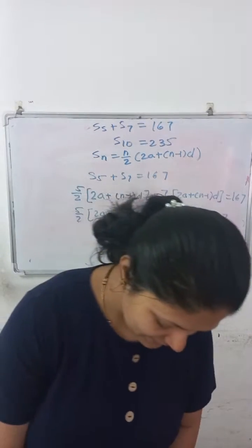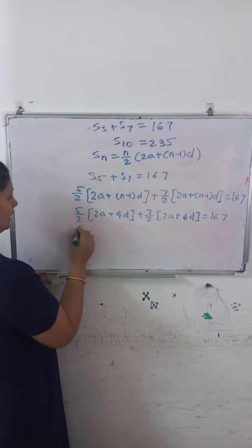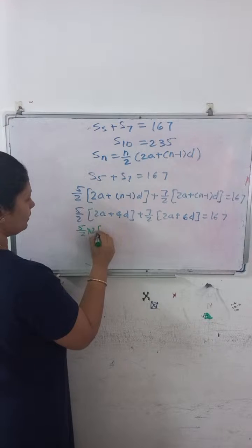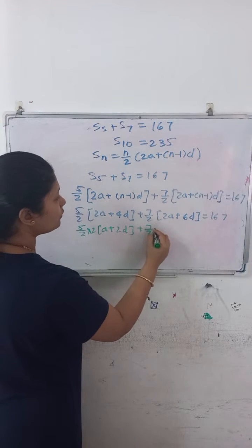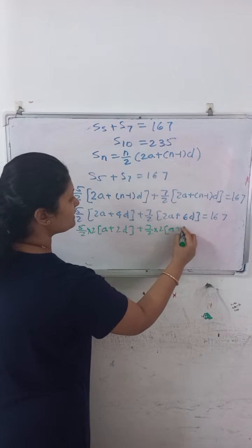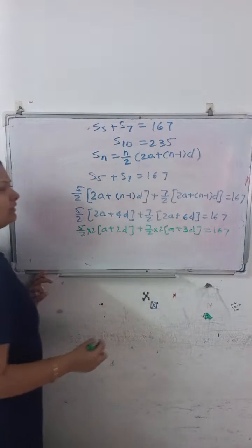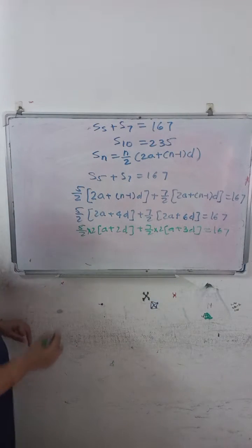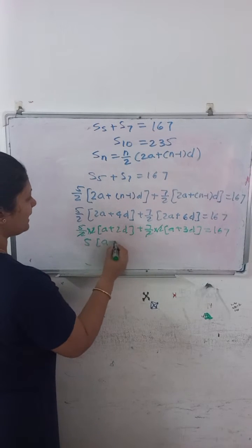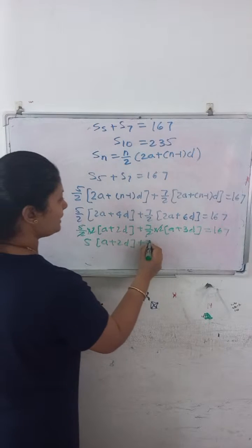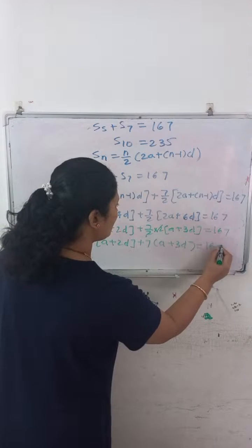You can take 2 common: 5 by 2 into 2 times a plus 2d, and again you can take 2 common, so a plus 3d. I hope everyone knows how to take common. So 2 gets cancelled, 2 gets cancelled: 5 inside the bracket a plus 2d plus 7 inside the bracket a plus 3d is equal to 167.